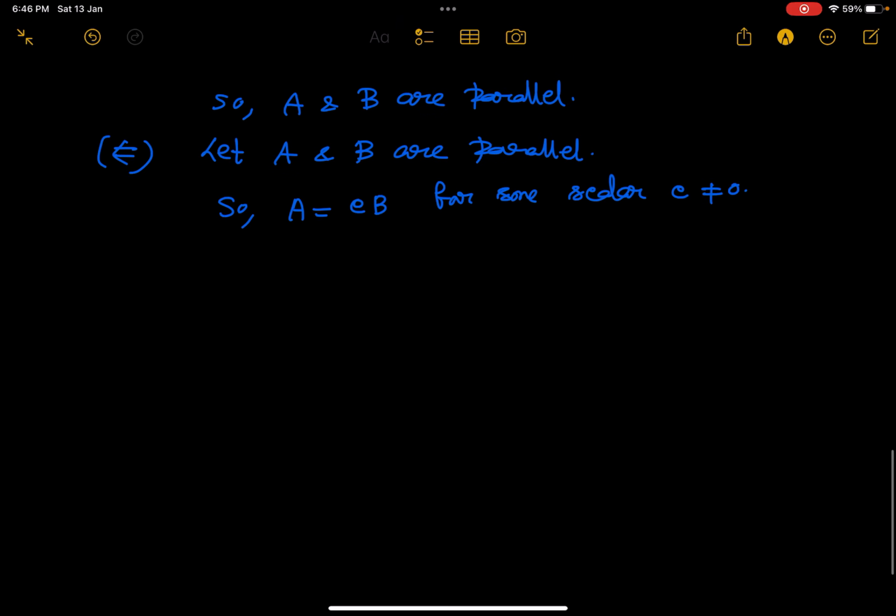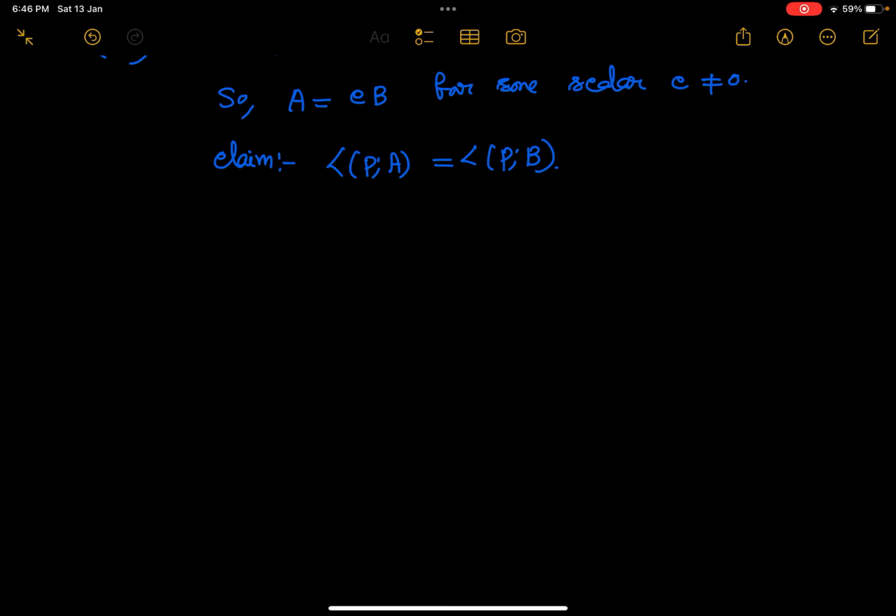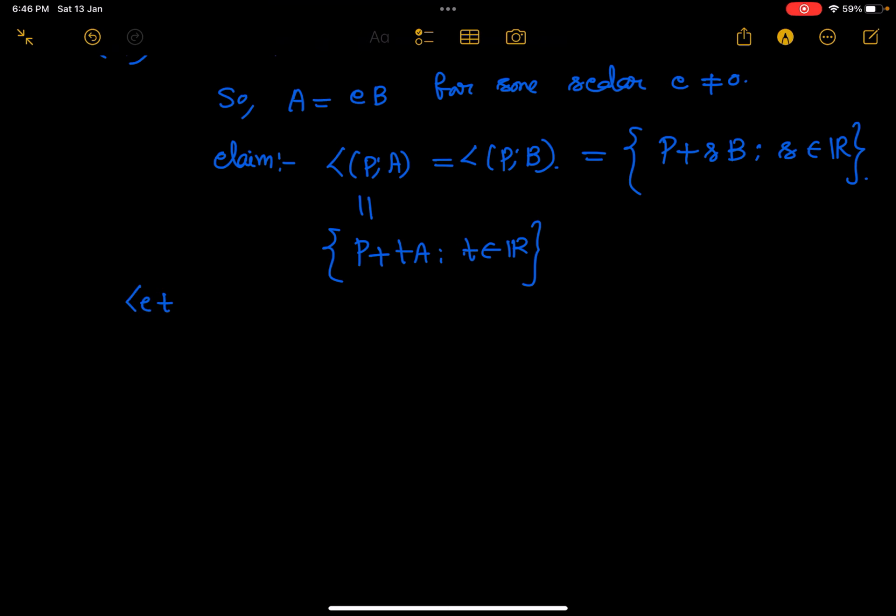So we claim that L of P comma A is L of P comma B. That means this set, P plus TA such that T belongs to R, and this set, P plus SB such that S belongs to R, are the same. So we'll prove that each is contained in the other.